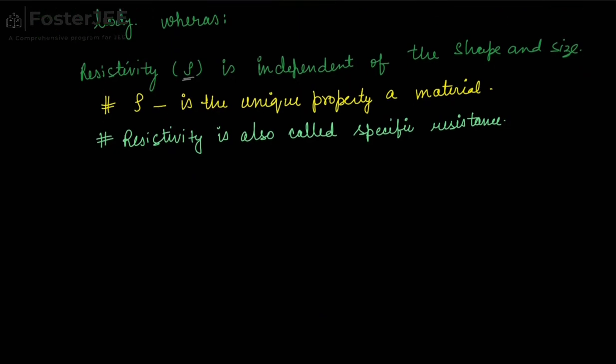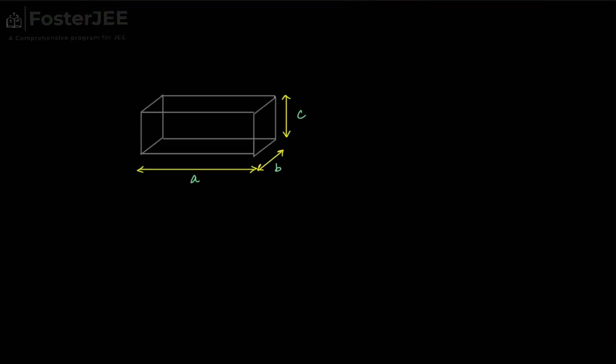Let's demonstrate this with an example so that the resistance becomes clear. Now suppose we have a material like this. First of all, the resistivity, or the specific resistance, is constant for any part of this material. Let's suppose that is rho.